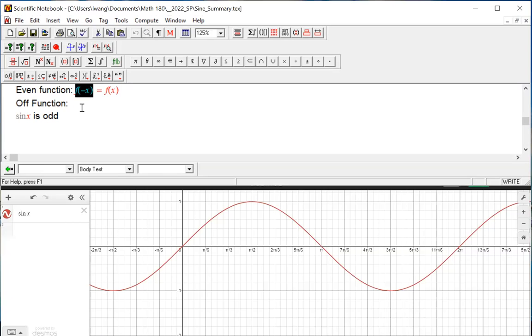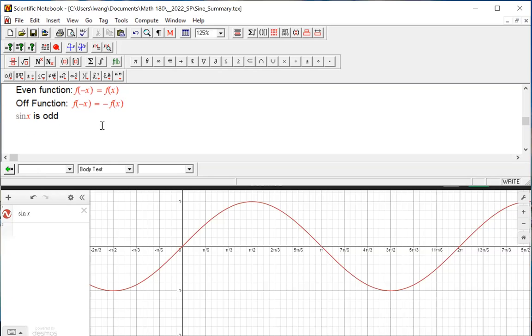Odd function is that the opposite input, I'm sorry, opposite input, but their outputs are opposite. So this is equal to the negative of it. Okay, so that's an odd function.